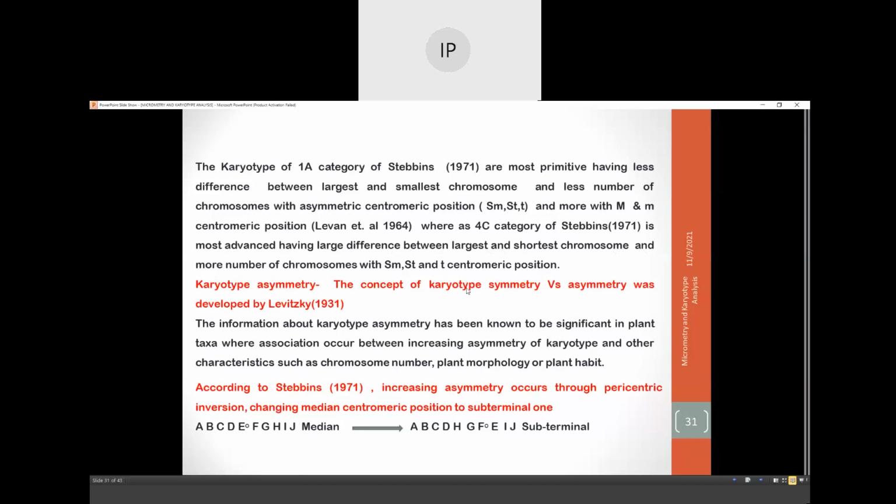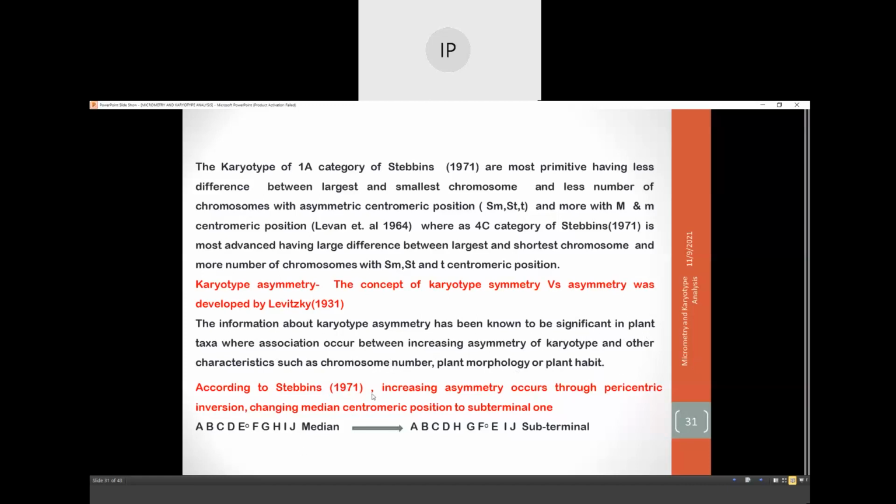Karyotype asymmetry: the concept of karyotype symmetry versus asymmetry was developed by Levitsky in 1931. The information about karyotype asymmetry has been known to be significant in plant taxa, where association occurs between increasing asymmetry of karyotype and other characteristics such as chromosome number, plant morphology or plant habit.